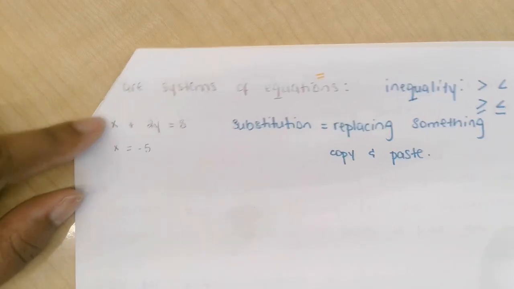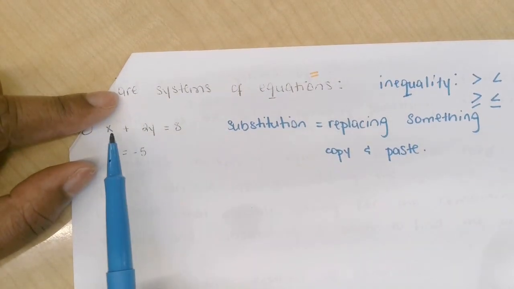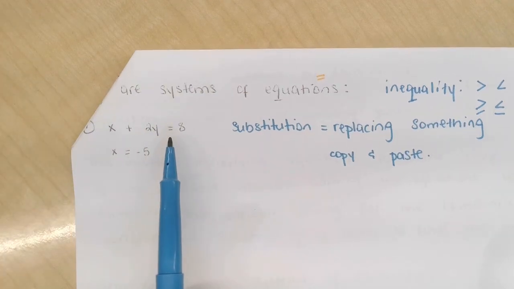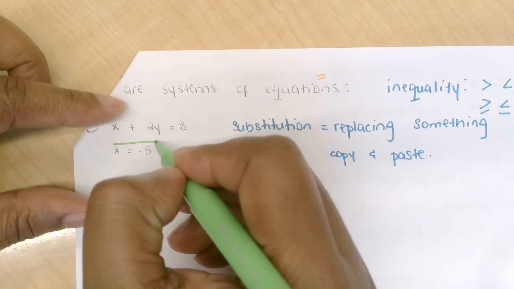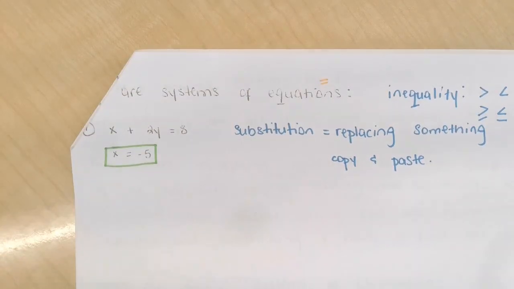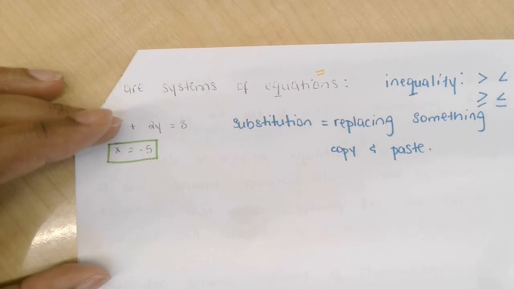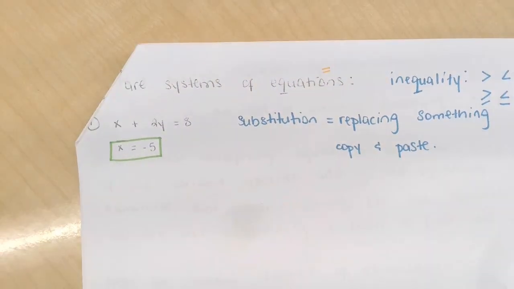All right, so the example given is x plus 2y equals 8. And then x is equal to -5. So your value of x is equal to -5.